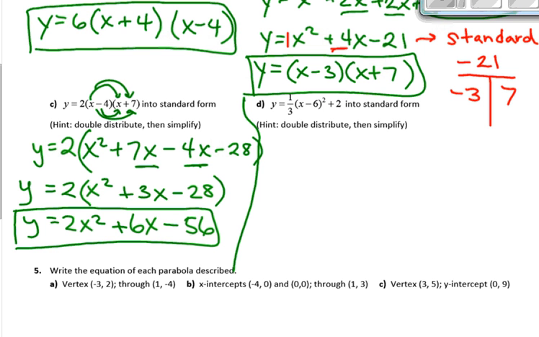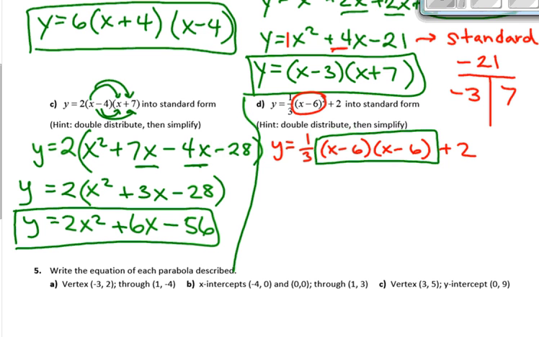All right, so we have this x minus 6 squared. So what we want to do is we want to rewrite that as x minus 6 times x minus 6. So I'm just going to worry with this x minus 6 times x minus 6 part. That 1/3 and the plus 2, leave that for the end.